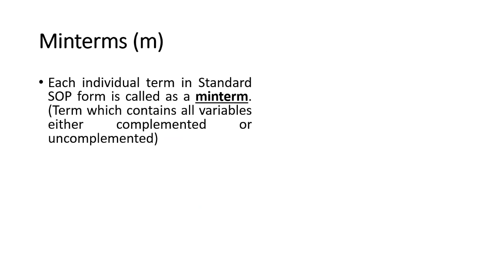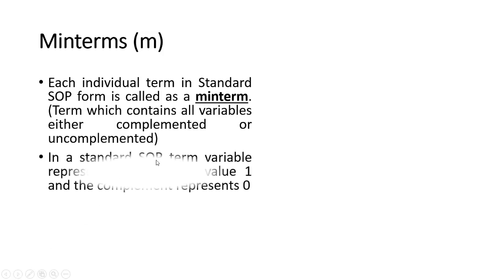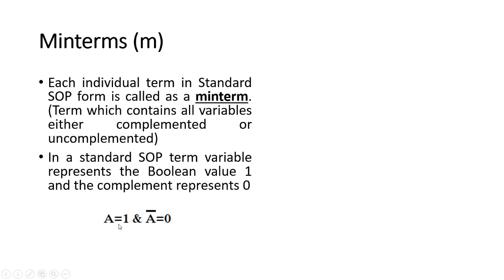For that, we have to represent these variables with Boolean values. In a standard SOP term, the Boolean variable we represent by the Boolean value 1 and the complement is represented using 0. So A is represented by 1 and A bar by 0.